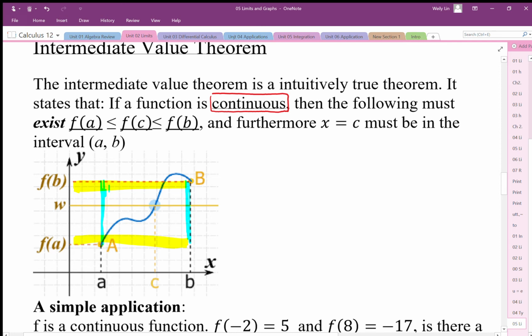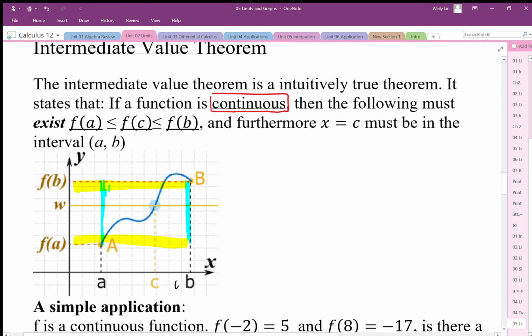So what we can't say, though, is that every point c is going to be found in the interval squeezed between above A and below B, because again, we can see clearly that there's at least one exception, right? So the reverse is not true. We can't say that there exists some C value where we're always going to find values between f of A and f of B. So the reverse is not true.